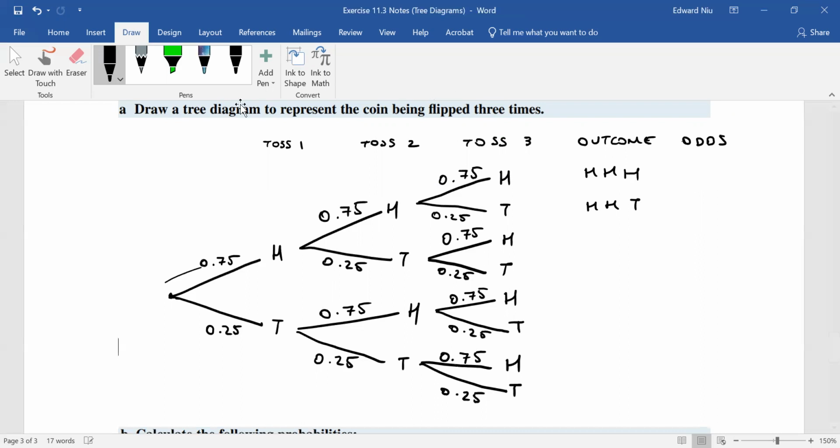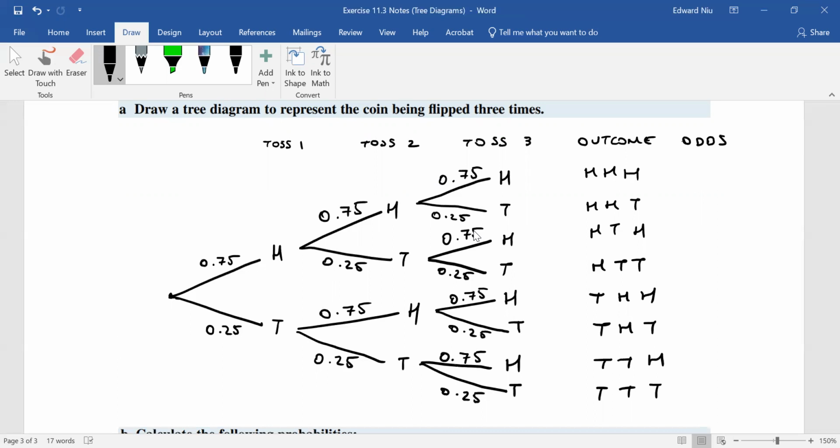Third one here is head, tail, head. Then we got head, tail, tail. Then we have the tails first now. So tail, head, head, tail, head, tail, tail, tail, head, and then triple tails.